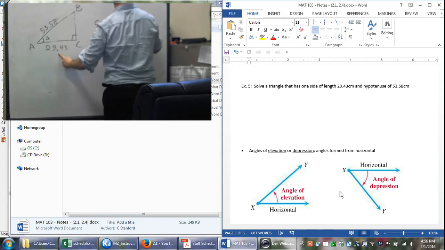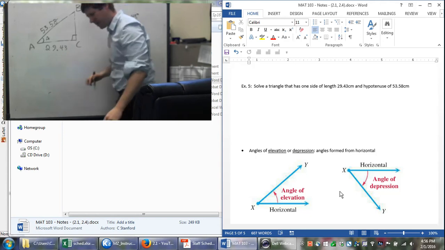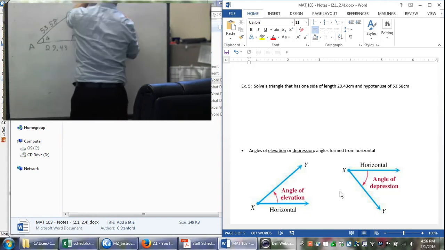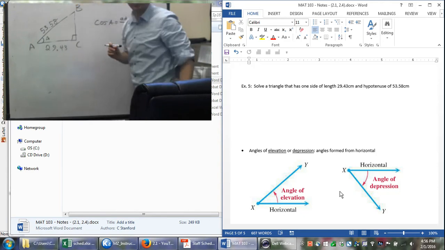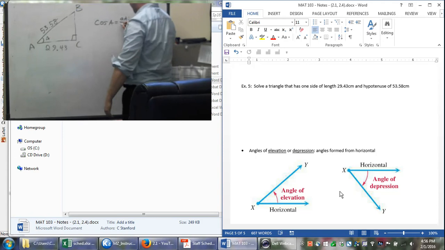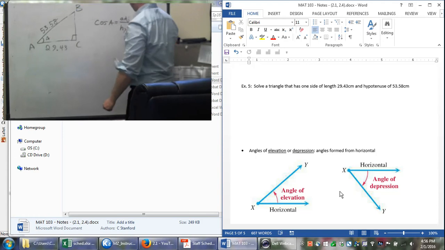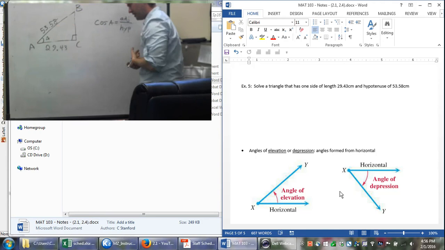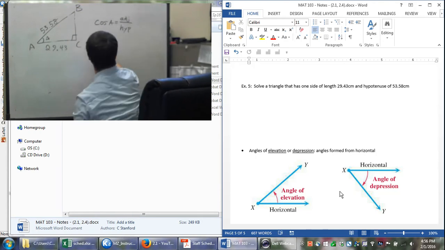So 10.5. And there we go. 10.5 what? The original measurement was in inches, so these are also inches.